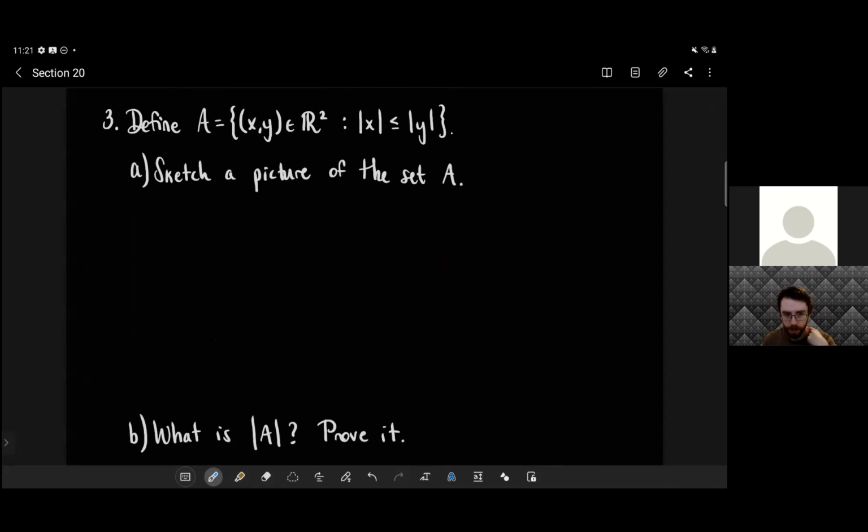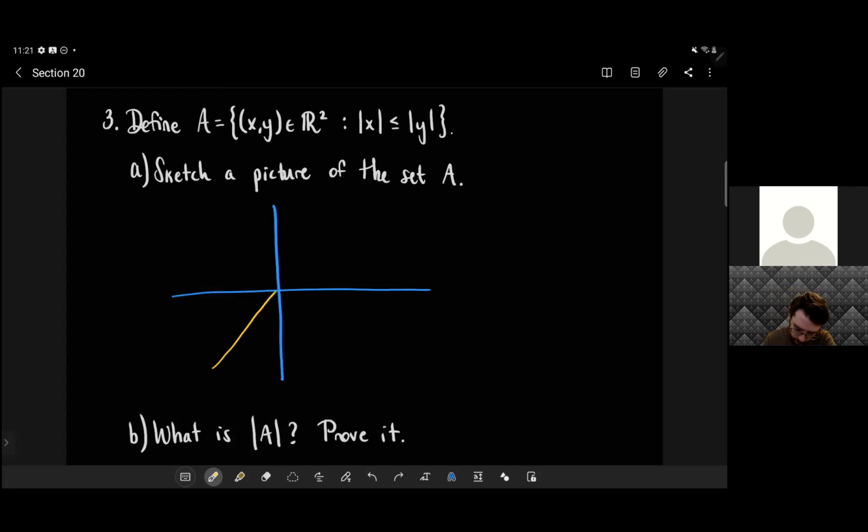Let A be the set of points in the plane such that absolute value of x is less than absolute value of y. So again, the important thing here is what does the picture look like? And without a calculator or Desmos or something, you might just try plugging in x and y values and seeing where they fall.